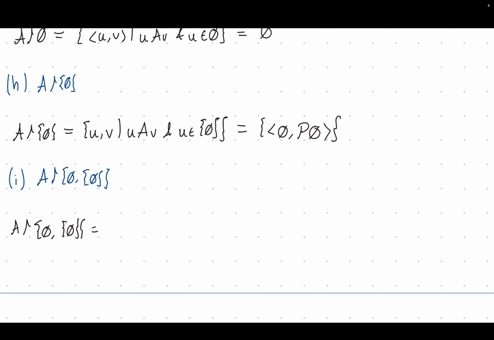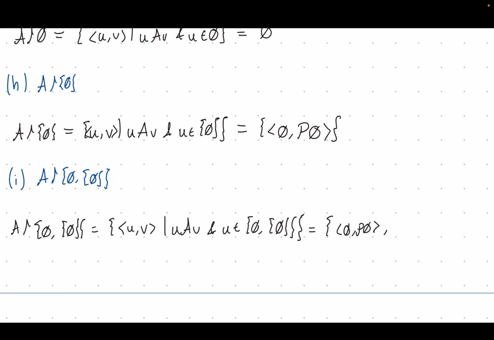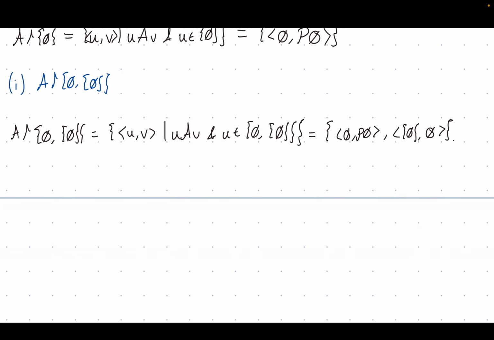So this has to be equal to the set u comma v such that u A v and u is in the set containing the empty set and the set containing the empty set, which is equal to, first for this element, empty set comma power set of empty set, and then for this element, set containing empty set comma empty set. There you have it. That is I.